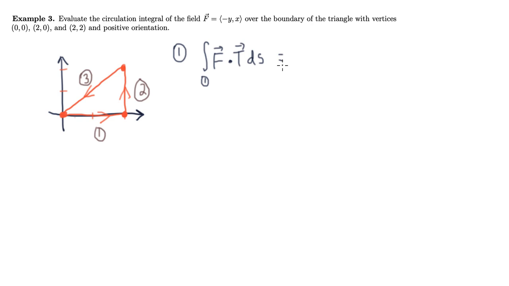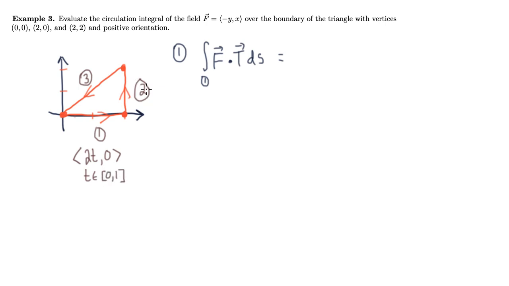And so to really actually evaluate this, we want to give a parameterization of the curve. So we might as well just go ahead and parameterize these three line segments. And it's actually pretty easy to parameterize line segments. So here, for 1, we're just going from 0 to 2 in the x. So I'm just going to put 2t in the x and 0 in the y, and let t go from, well, 0 to 1.